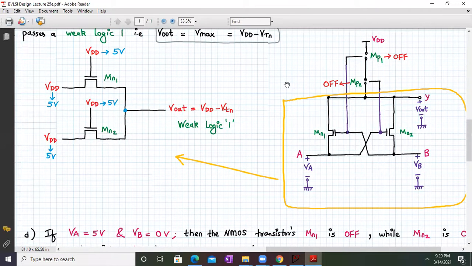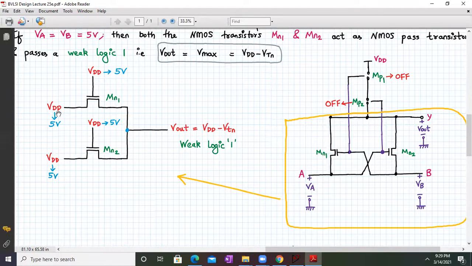Now, if you draw this pull-down network carefully and rearrange it in this form, you will get it as follows. Over here we have applied VDD, that is 5 volts, and here also we have applied VDD, and these two transistors are in parallel. So for MN1 and MN2, the gate voltage is 5 volts, and we are trying to pass a logic 1.